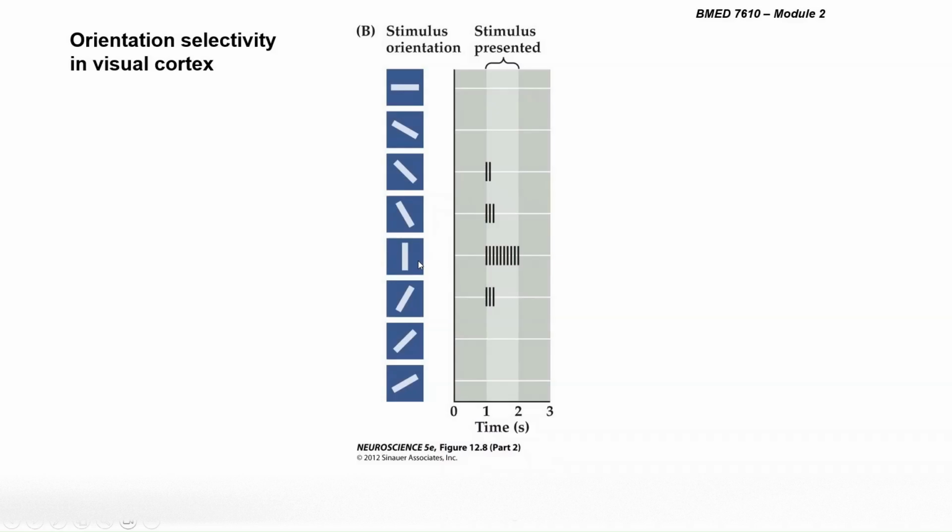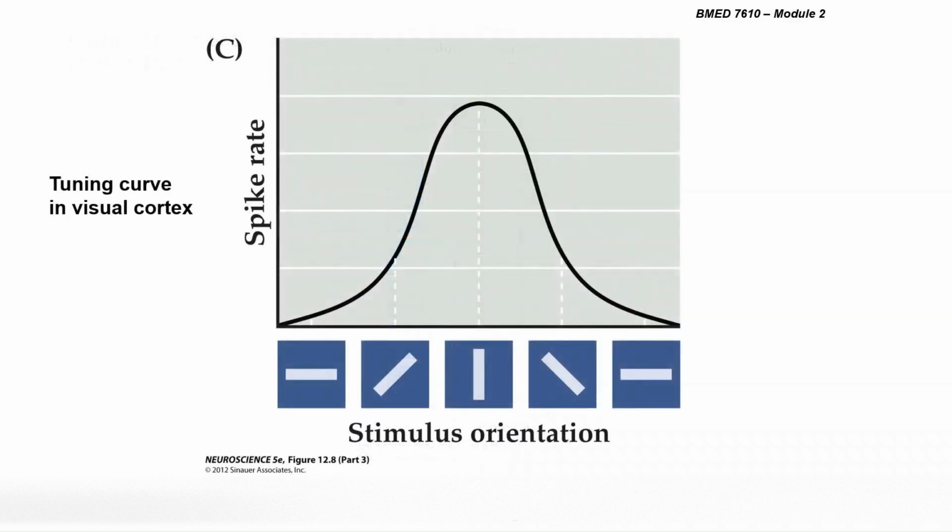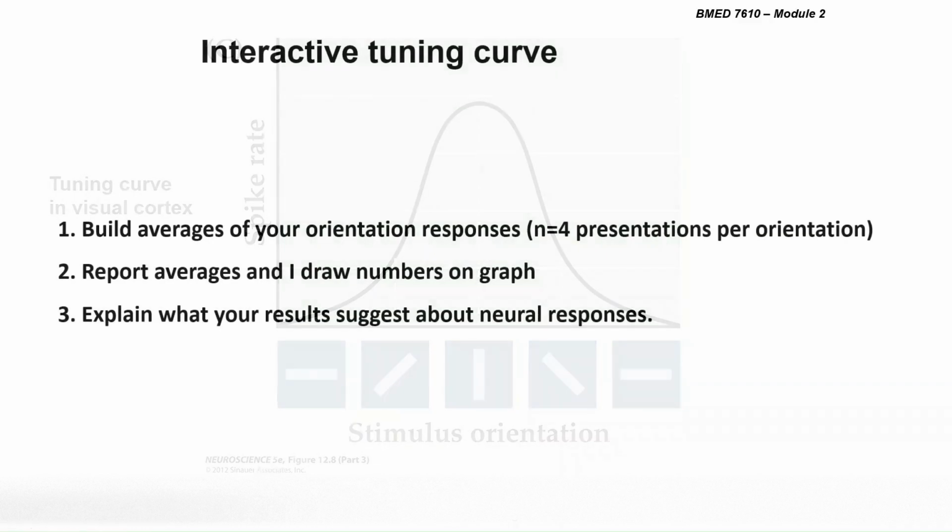There's much higher activity at a certain orientation of the light, and it's really interesting. For example, in this example, when the light is given vertically rather than horizontally, there's a much higher spike rate, a lot higher neuron activity.